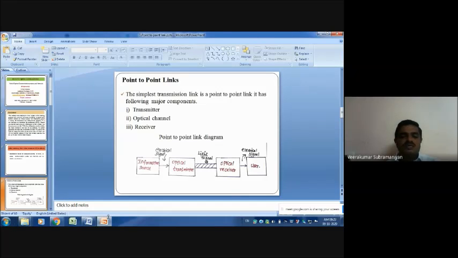By the time, it has certain challenges. After traveling in the fiber optical cable, the light signal has to reach the receiver unit. The receiver unit consists of a few more blocks: photo detector, amplifier, and signal processing circuitry. The detector consists of major diodes like photodiode, PIN photodiode, avalanche photodiode.